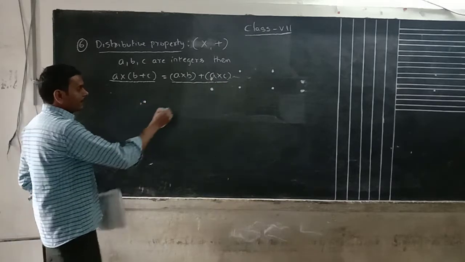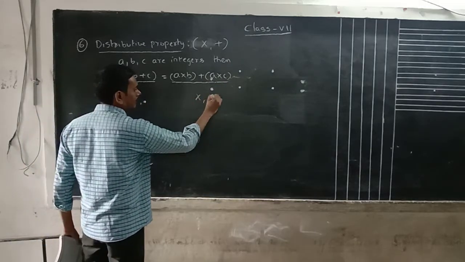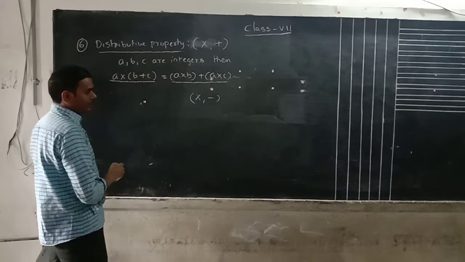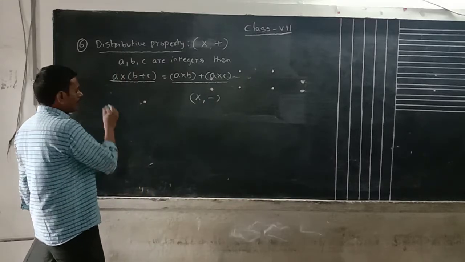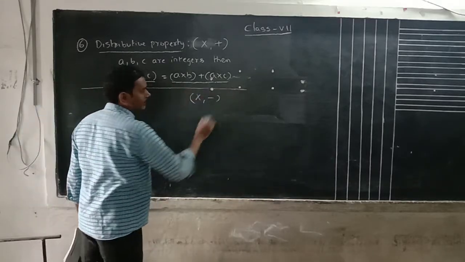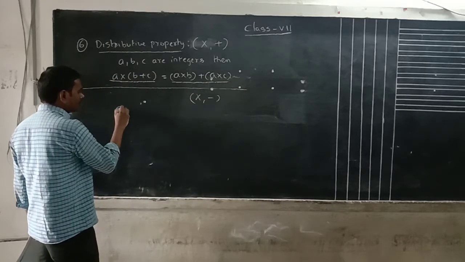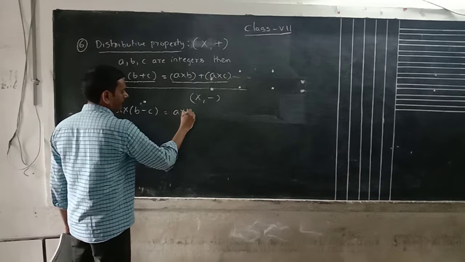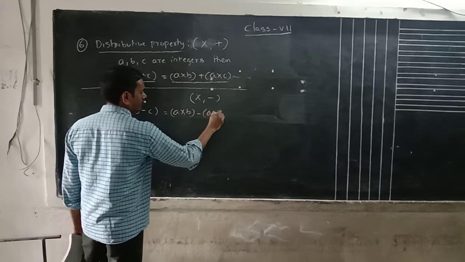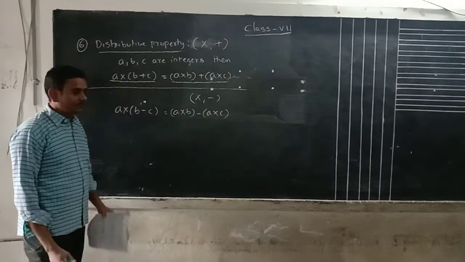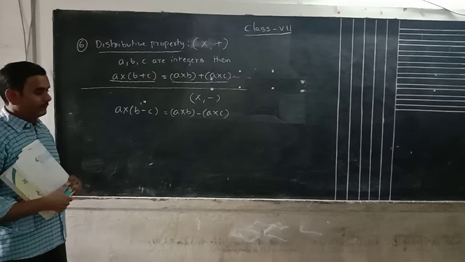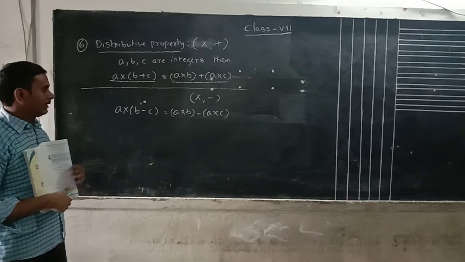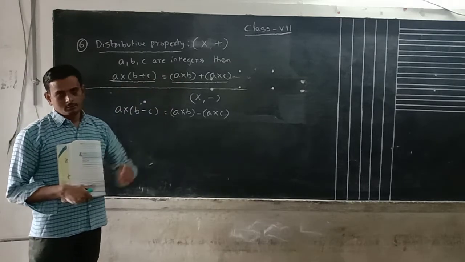Multiplication can be written with subtraction also. Up to this point it was plus; whenever you want to take minus, a into (b minus c) equals a into b minus a into c. Whenever you take the distributive property, LHS and RHS should be equal.